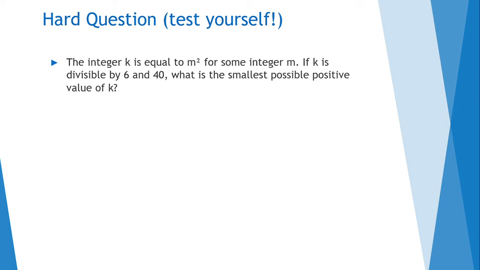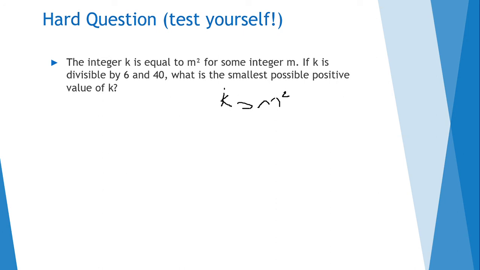So the integer k is equal to m squared for some integer m. So k equals m squared. That means k has to be a perfect square, which means we're looking for a perfect square. If k is divisible by 6 and 40, okay, so what does this mean?